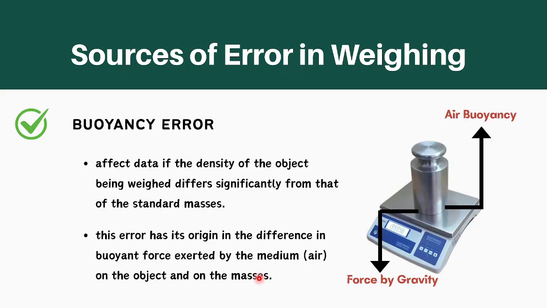In other words, objects weigh less in air than in a vacuum due to the upward buoyant force from the displaced air. So, naay inconsistencies, no? So, kadtong mga objects na atong gitimbang, they weigh less in air than in the vacuum because of the upward force exerted by the air.